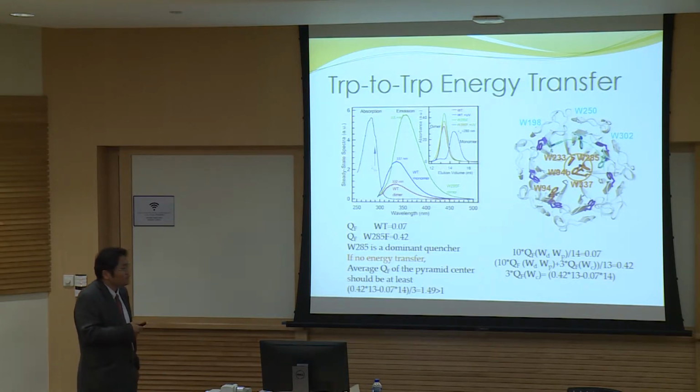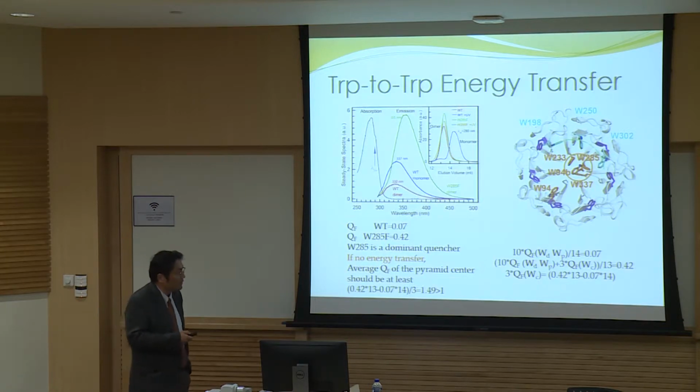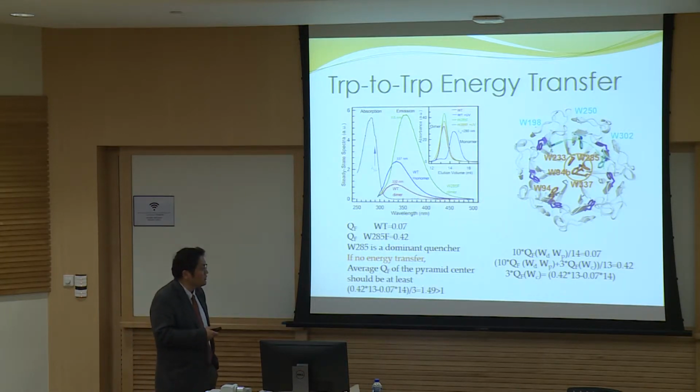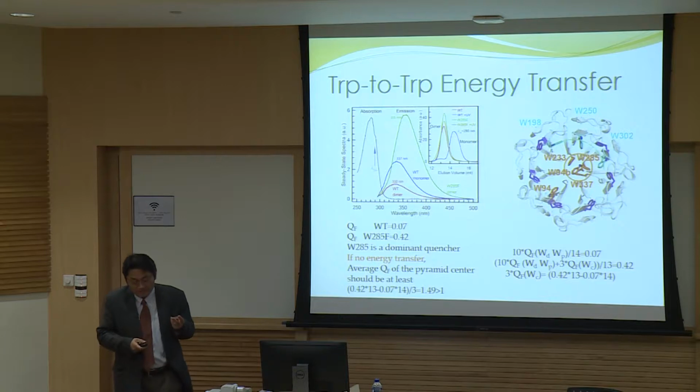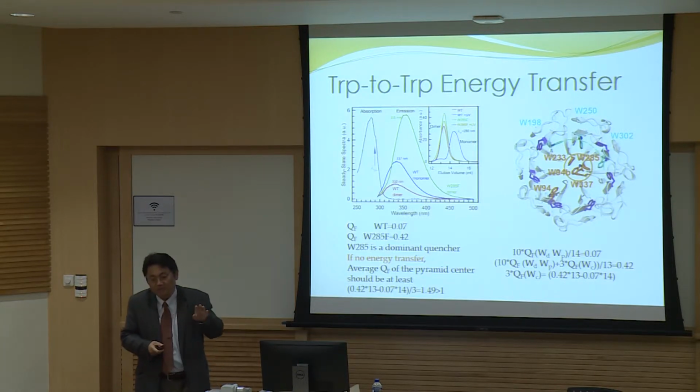So we did hundreds of mutations for this protein. Basically, everything you can think of, we did. But here I only showed some key ones. So first we mutated the very important 285. There are 2 tryptophans at the interface, extremely critical.